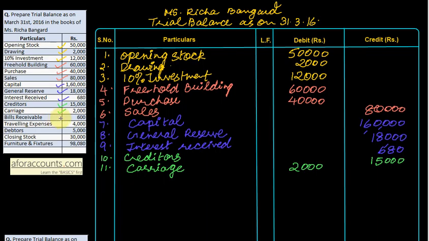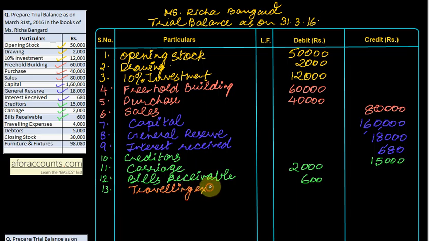Bills receivable 600 to my debit. Expenses, again expenses debit. So traveling expenses. How much? 4,000.